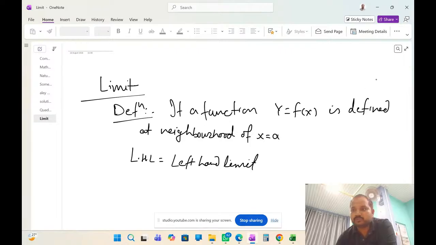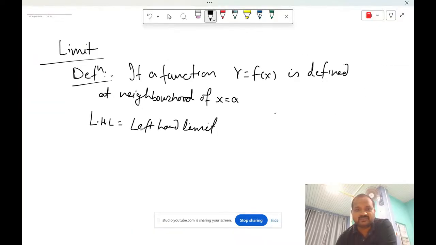So here we are discussing the concept of the limit. It is called the left hand limit.